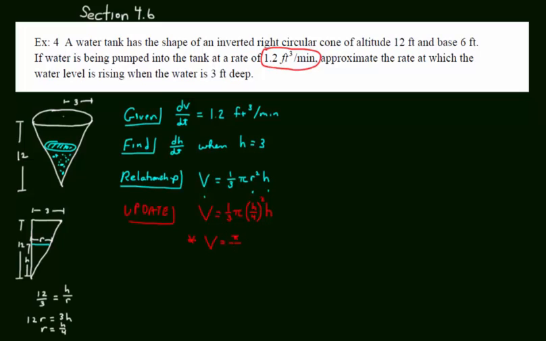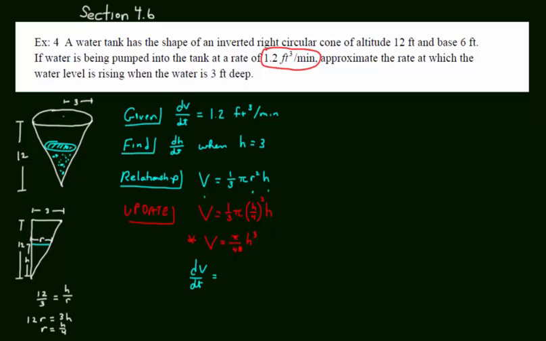That's 16 times the 3 is going to give us a 48. So pi over 48, h squared times h, which is h to the power of 3. So there's our relationship. After that, the process is going to be the same as the other examples, where we take the derivative. So I'm going to find the derivative of this relationship, dV/dt, with respect to time.